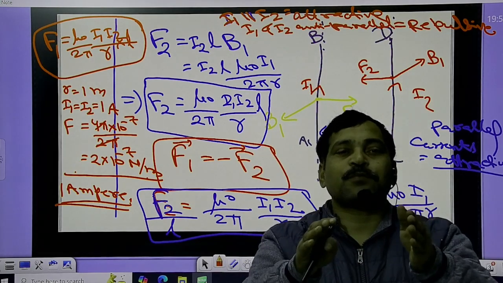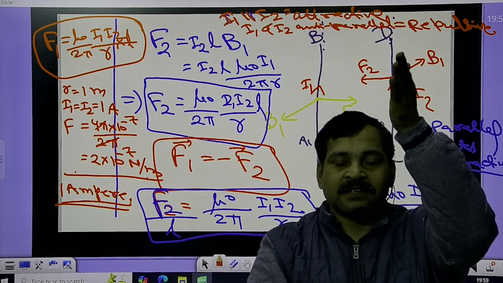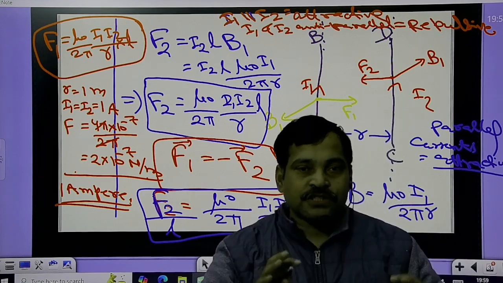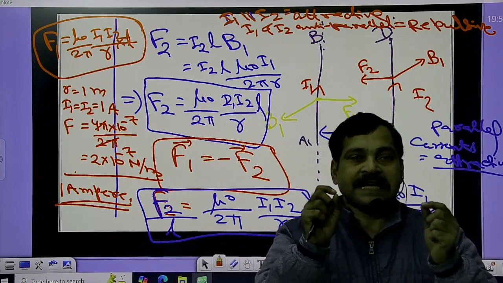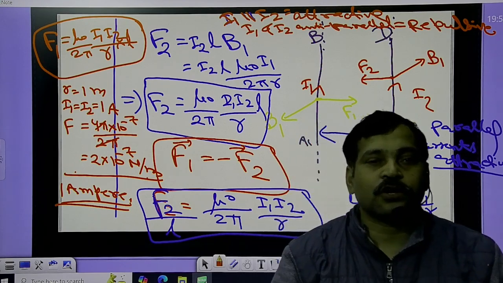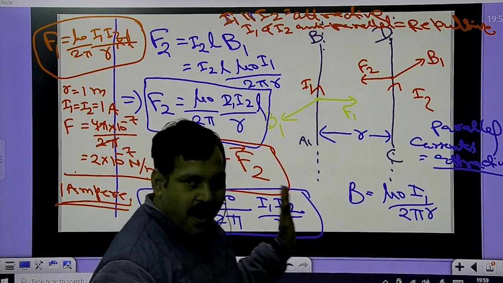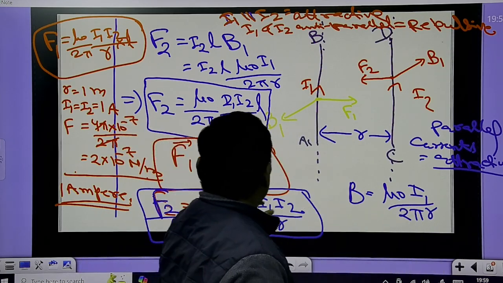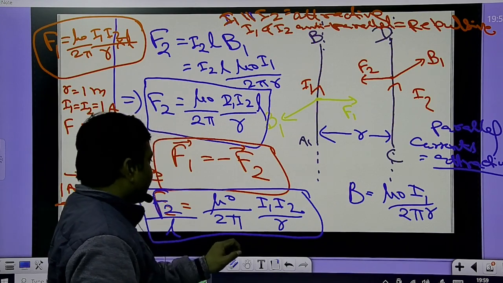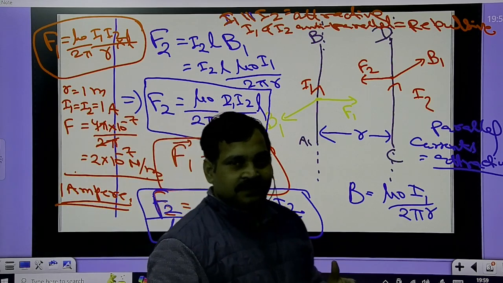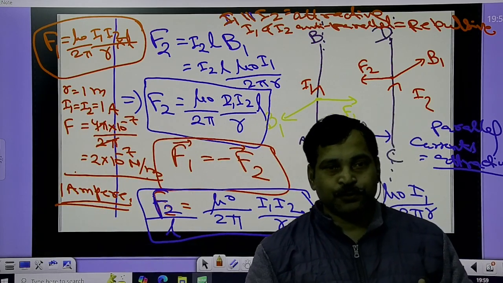If the currents are flowing in opposite direction, then the nature of the force will be repulsive, and the force acting on each current carrying conductor per unit length is equal to mu naught by 2 pi I1 I2 upon R, right? I think it is clear to you. Thank you.